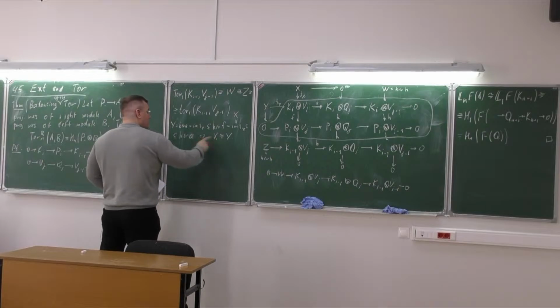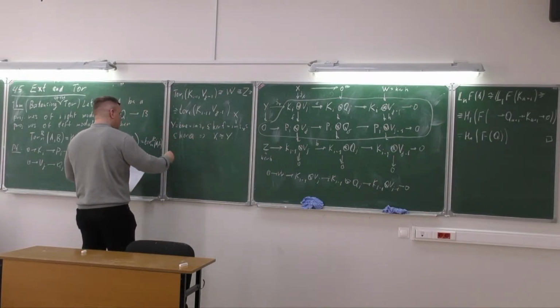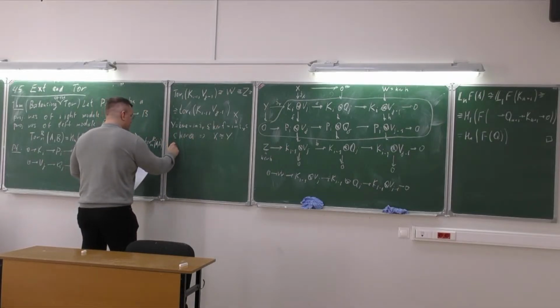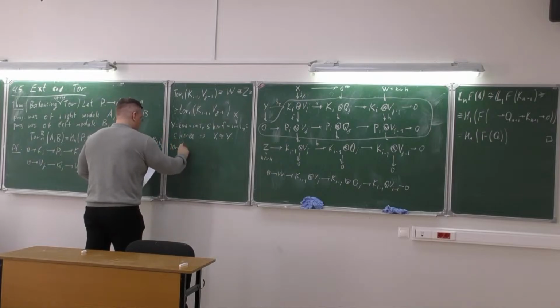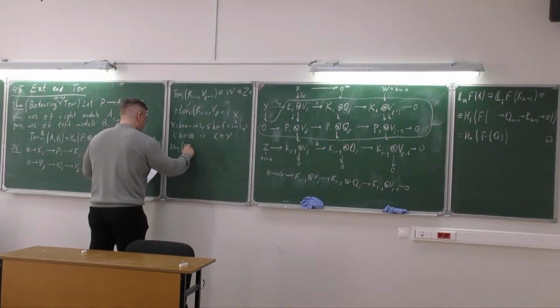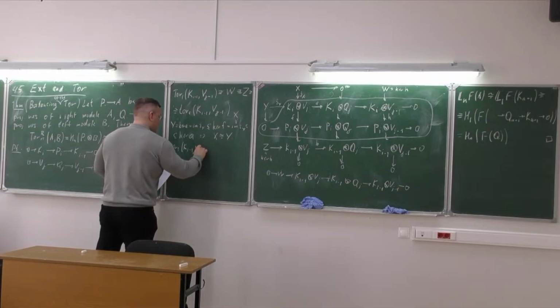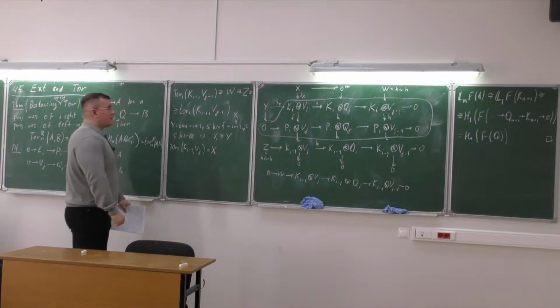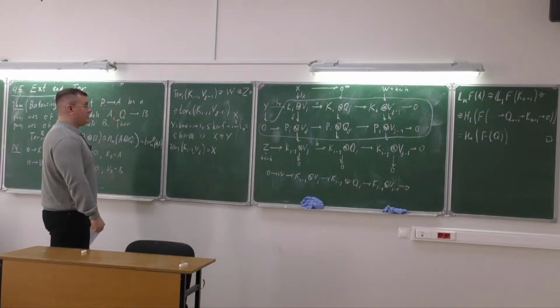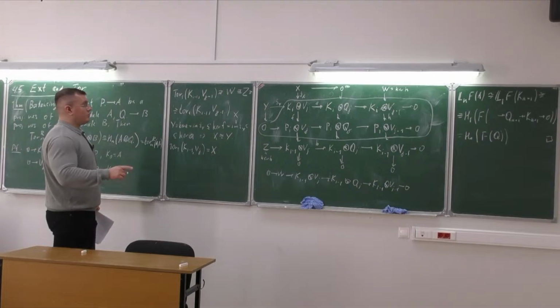Now, what are X and Y in terms of the derived functors? So X is Tor1, and the arguments are K with the index i-1 and V_j. So this is X. Again, we need to look at the diagram and realize that this is another instance of this 4-term exact sequence.